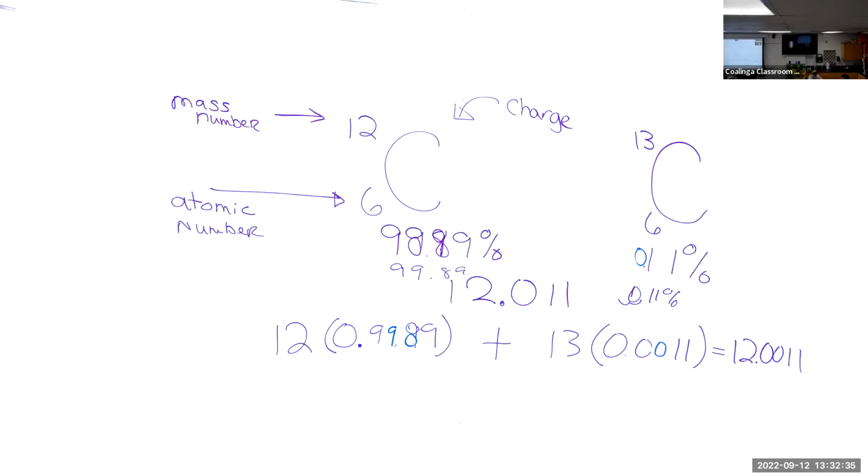It's weird to me that it ends up adding up to 12.0011 instead of 12.011. But anyway, I'll have to recalculate the numbers and redo the math.